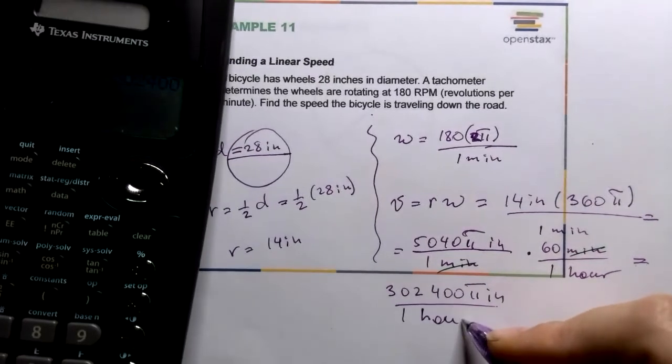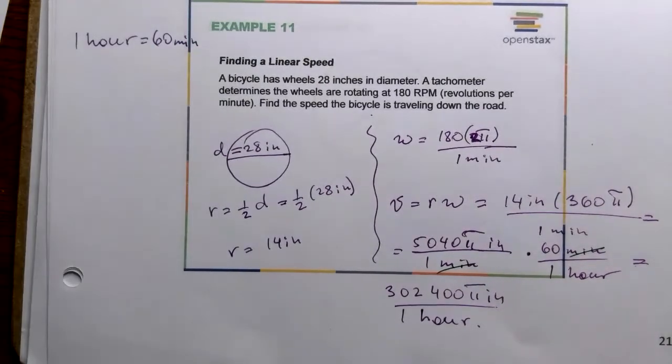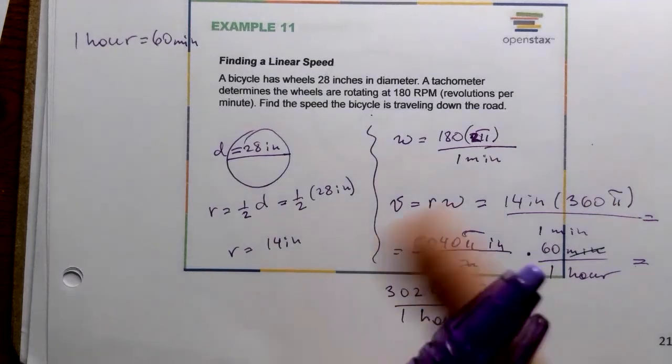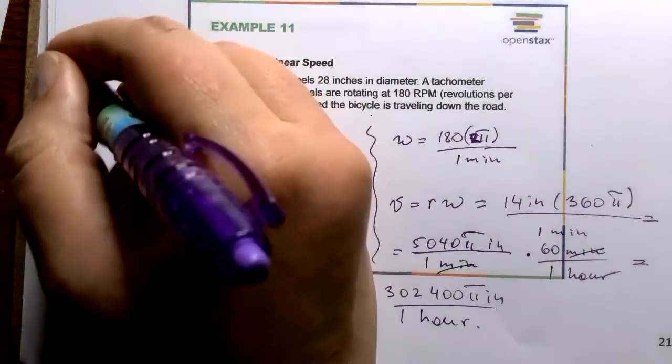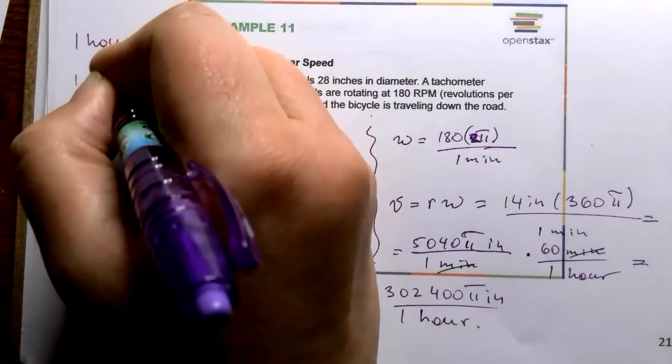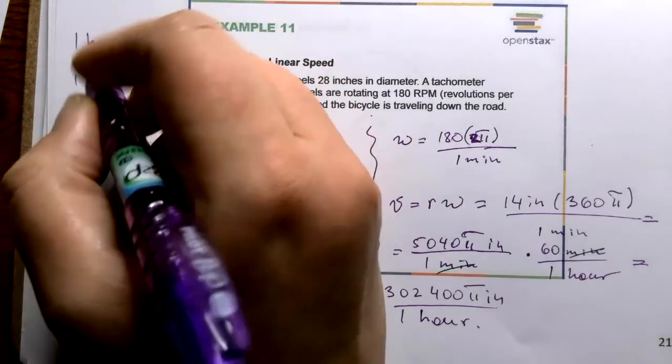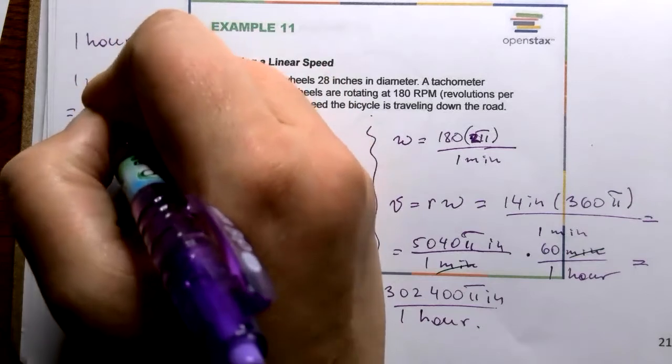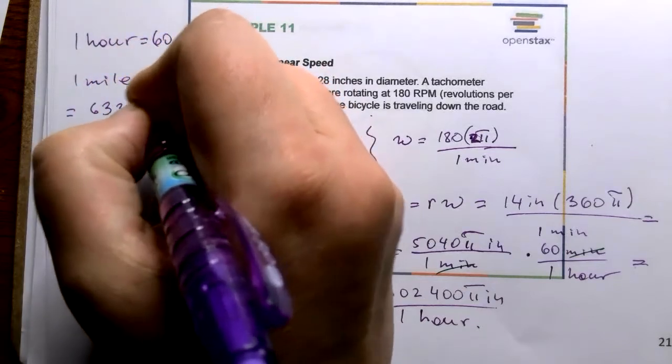All right, we still need to convert inches into miles, and we could do inches to feet, feet to yards, yards to miles. We could do all that, but I'm going to actually Google how many inches are in a mile. So hang on. And Google said that 1 mile is actually 63,360 inches.